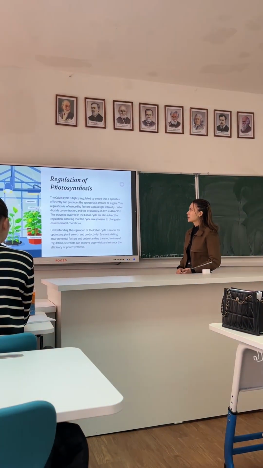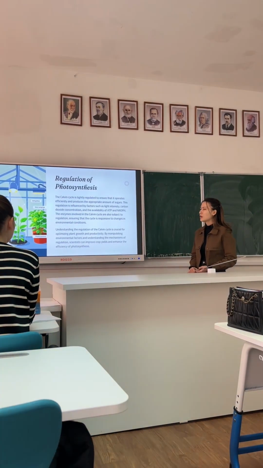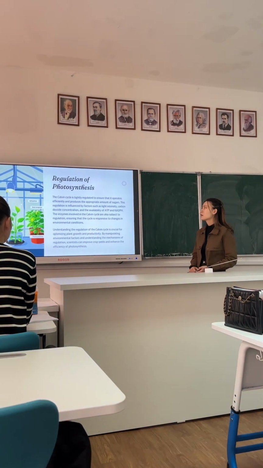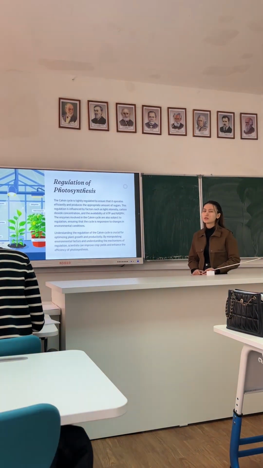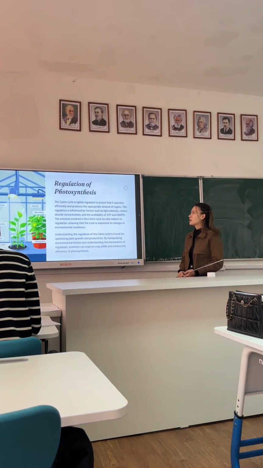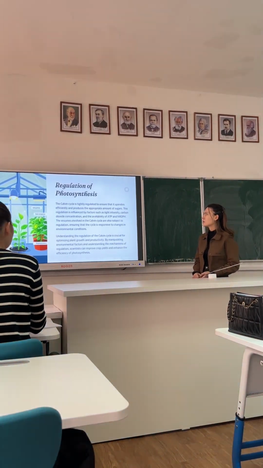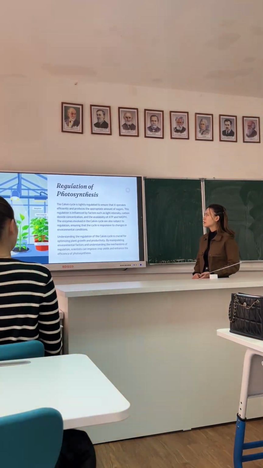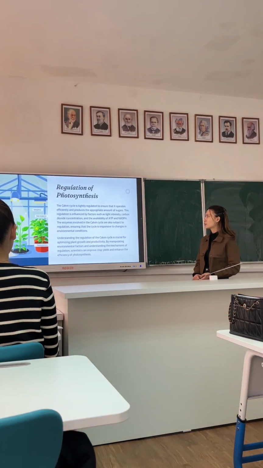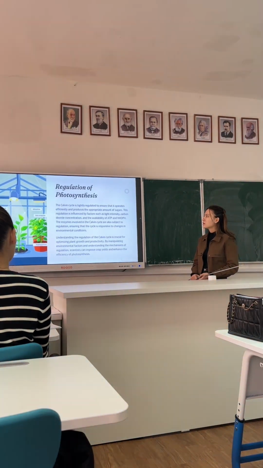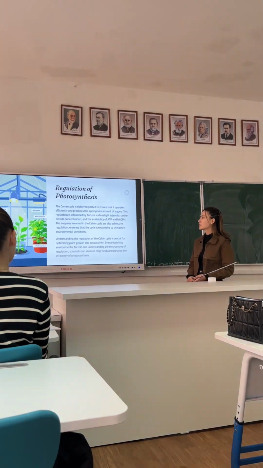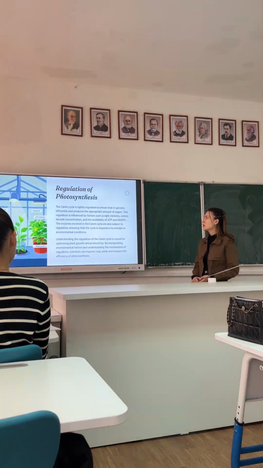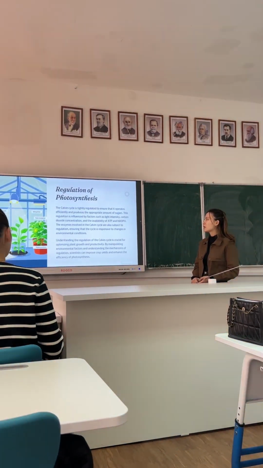The regulation of photosynthesis. Here we talk about the Calvin cycle and its regulation in the dark stage of photosynthesis. The Calvin cycle is cyclically regulated to ensure that it operates efficiently and produces the appropriate amount of sugar. This regulation is influenced by factors such as light intensity, carbon dioxide concentration, and the availability of ATP and NADPH.